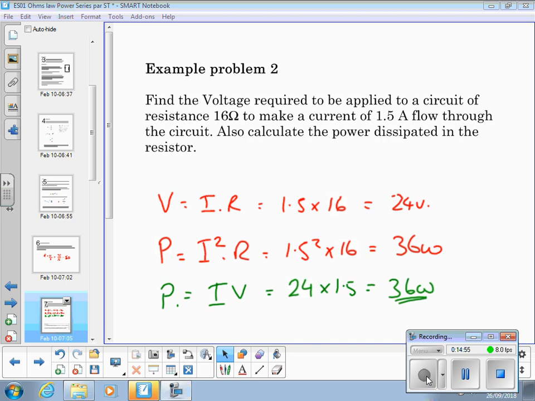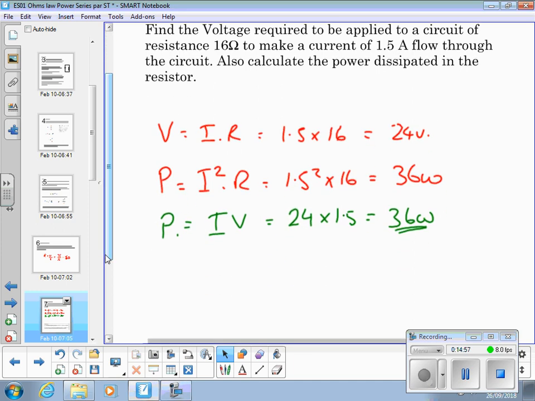Rounding is something that you need to think about as you go through the module. Rounding to sensible values, a sensible number of significant figures.